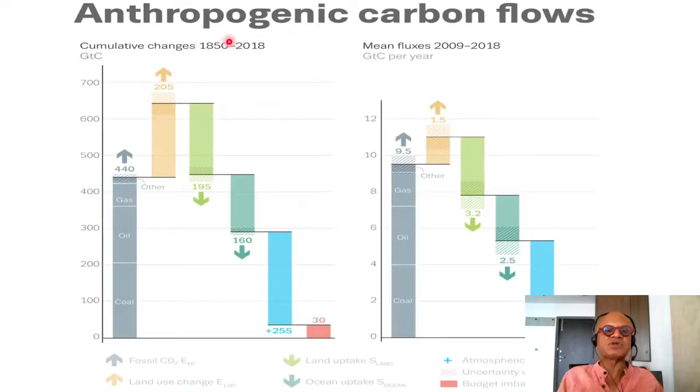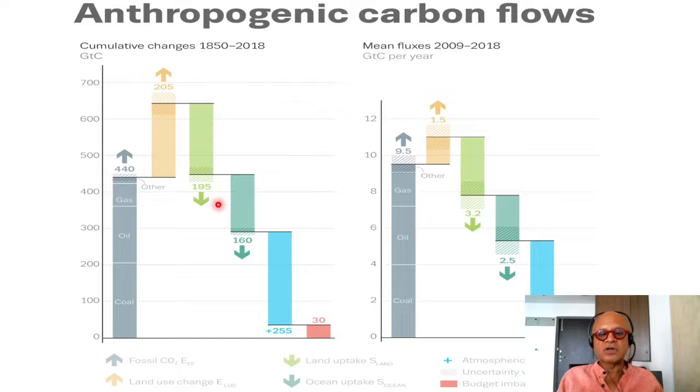For example, averaged over 1850 to 2018. This is now cumulative. So cumulative changes from 1850 to 2018 in terms of gigaton carbon from coal, oil and gas is here. We added another 205 from land use change and so on.